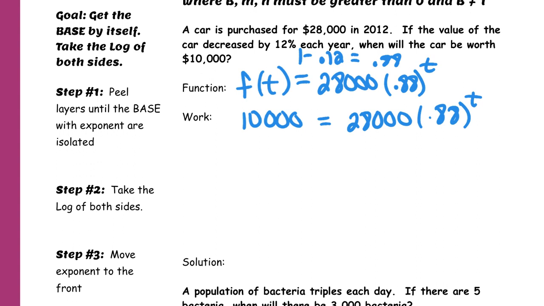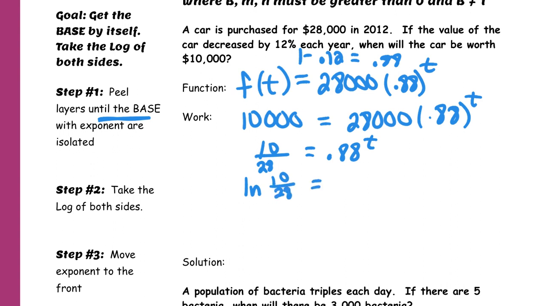So here we go. First thing I'm going to do is what? Notice we've got to get this stuff done first. And if I divide it by 28, you agree all those zeros would go away? We just end up with 10 over 28. So now I've got my base and my exponent all by itself. So now I can ln both sides.